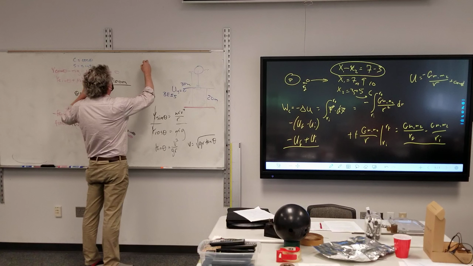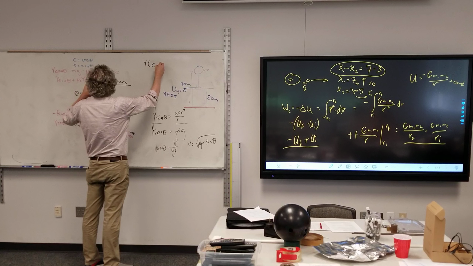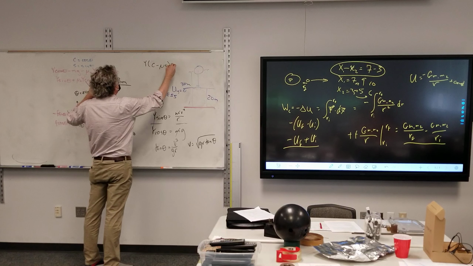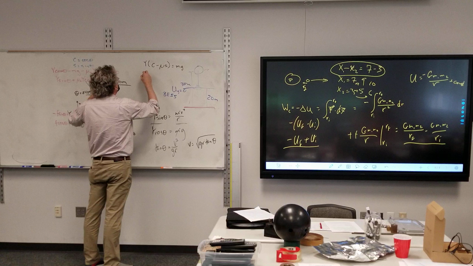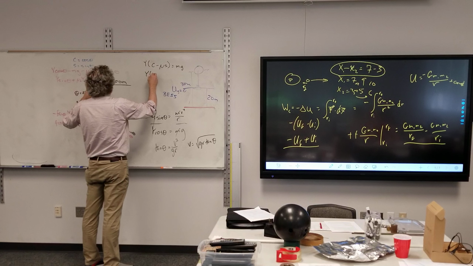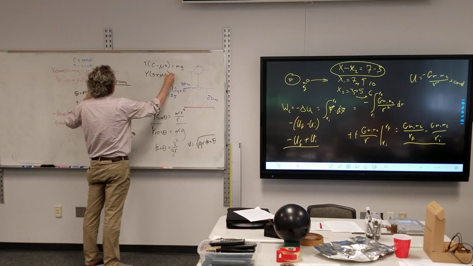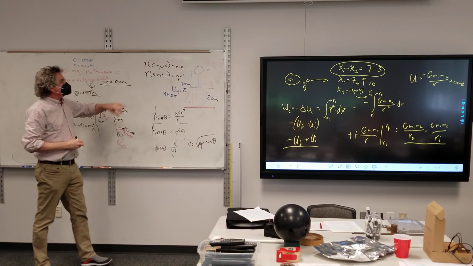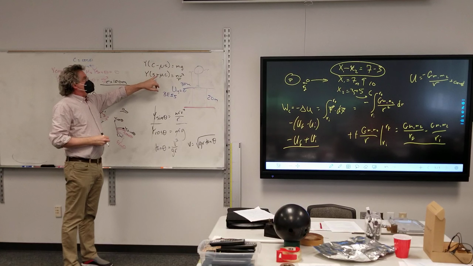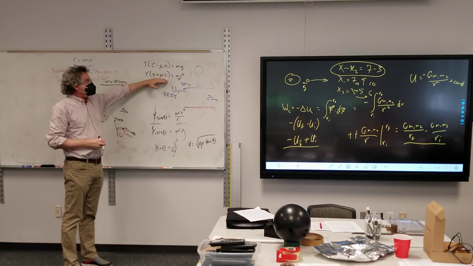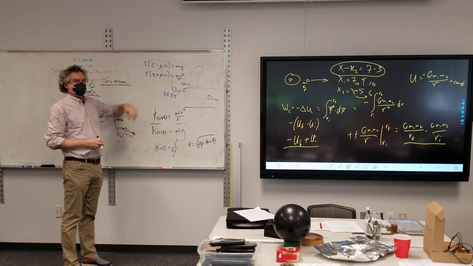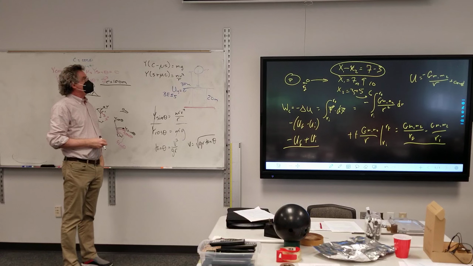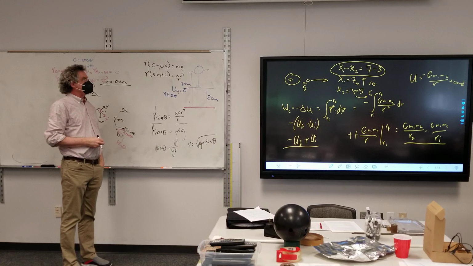If I factor the y out, I have y times (c minus mu s) is equal to mg, and y times (s plus mu c) is equal to mv squared over r. When I divide, I'm dividing the cosine by this whole thing, and dividing the sine by this whole thing, so it does not break down nicely into just a tangent.